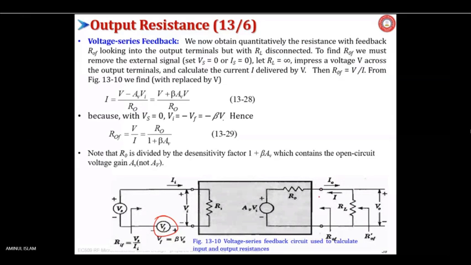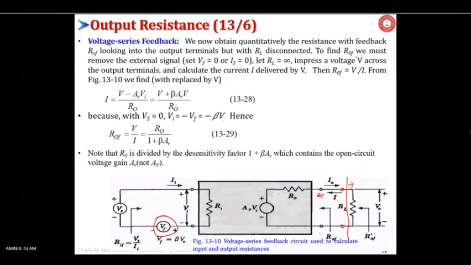Means you are looking here, and you have disconnected from this point. RL is not there on this side.